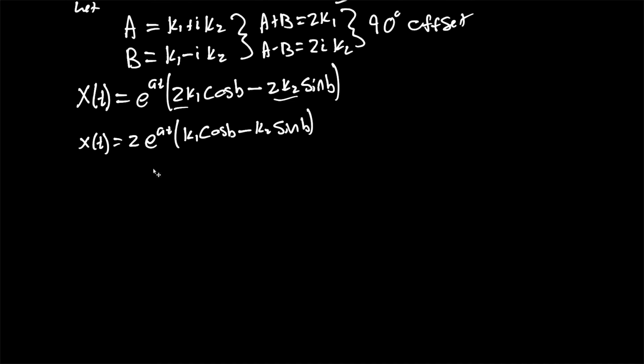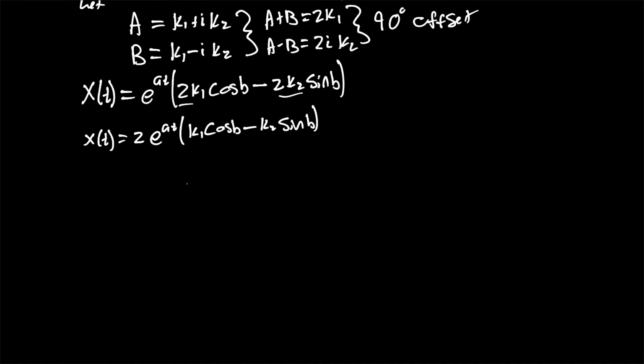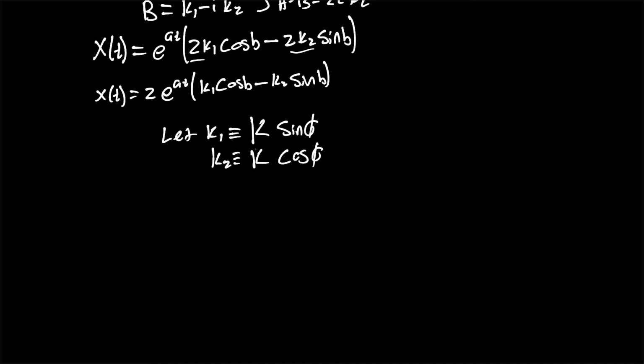Now, we're going to redefine k1 and k2. k1 is going to be some constant k multiplied by sine phi, and we'll let k2 be some constant k multiplied by cosine phi, which, since these constants are both arbitrary, we can get rid of that 2 out in front and just replace it with the k, which basically takes care of any constant multiplier.